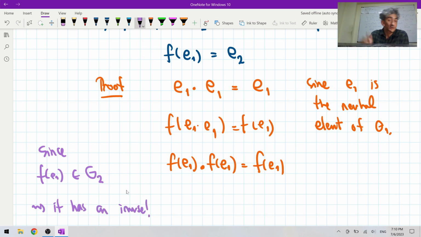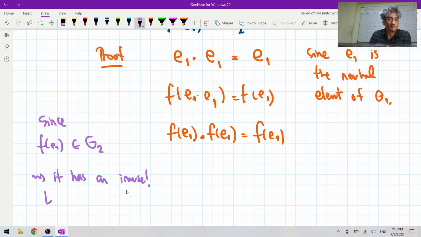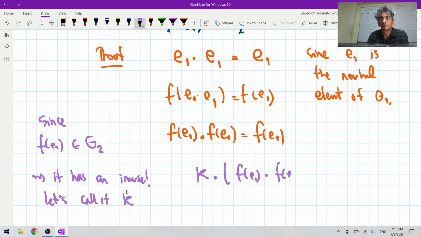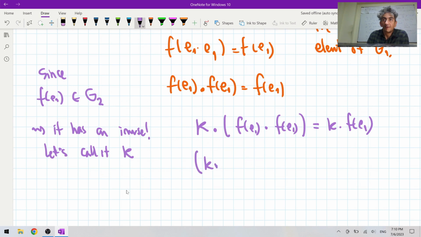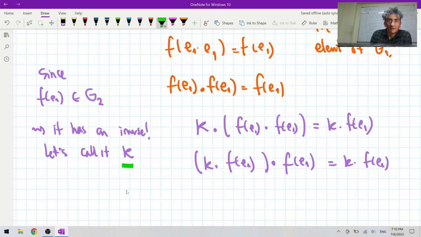Let's call it, maybe, K. So if we act K on both sides and we associate now K times f of E1 acting on f of E1, since K is the inverse, this is actually E2, and this is actually E2.